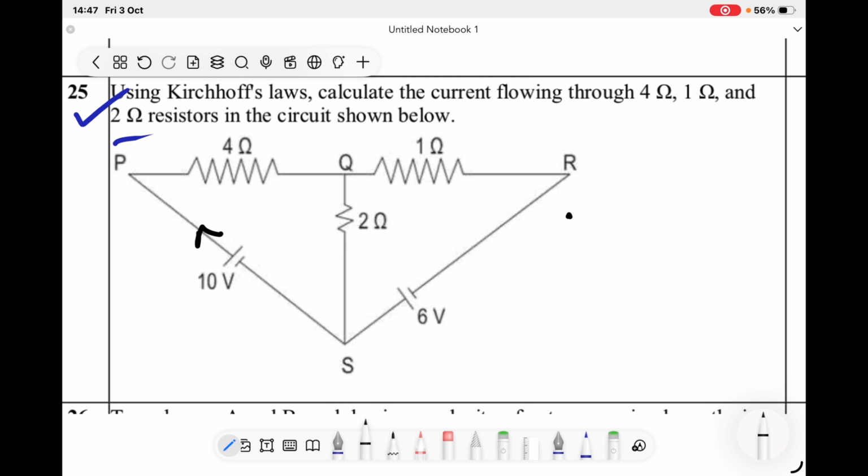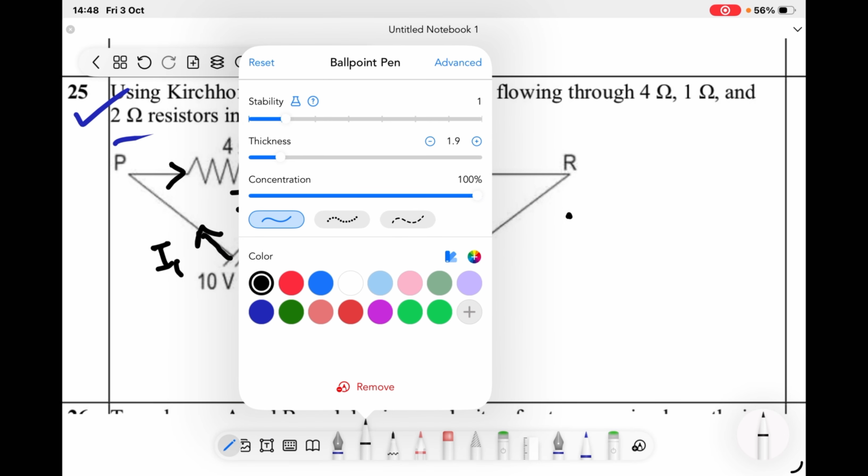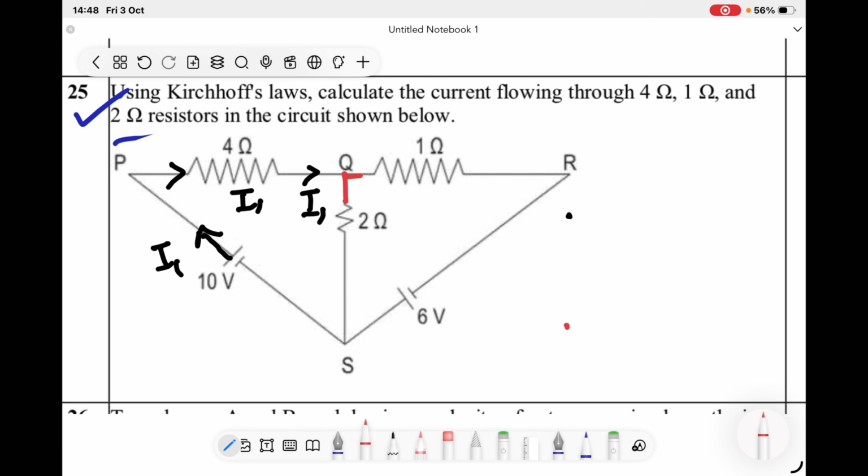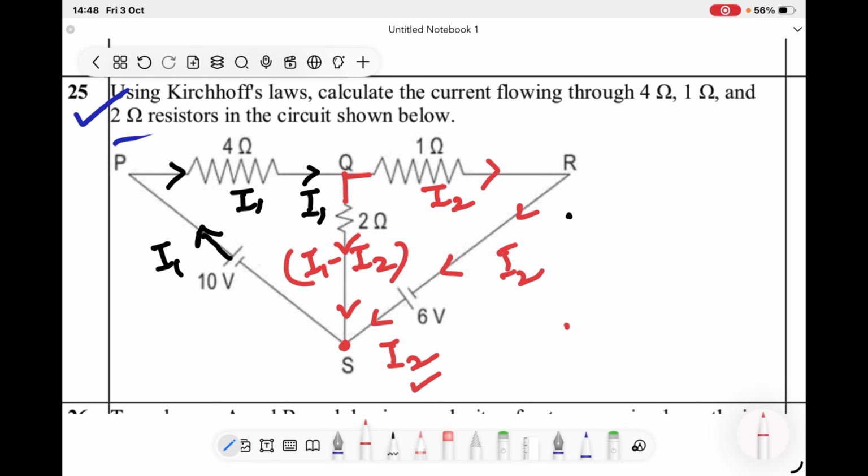I have taken I1 from this. I1 will go through this 4 ohm and has reached here. Now from the 1 ohm, because here bifurcation is there, two branches are there, I2 I am taking from this, and from this middle 2 ohm the remaining current, which is I1 minus I2, will go. They will meet at S, I1 minus I2 and I2 will meet at S. So I1 will re-enter. So this is correct.